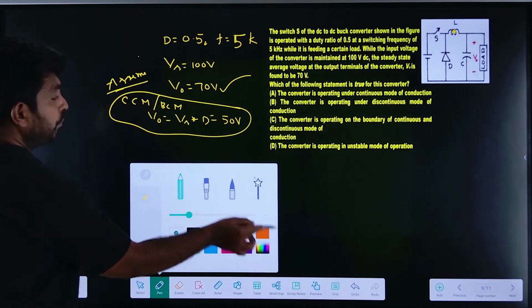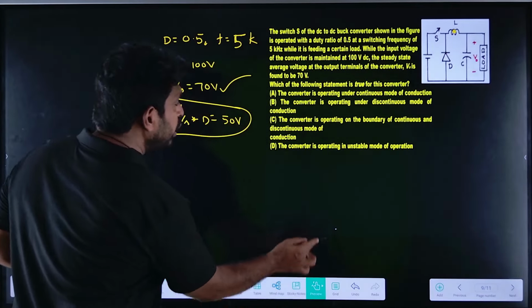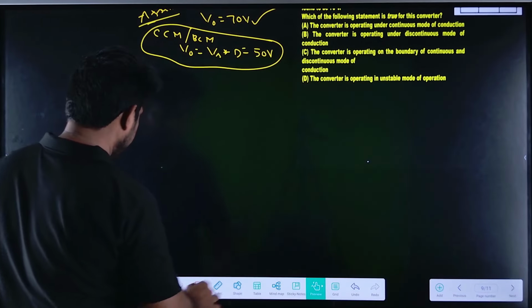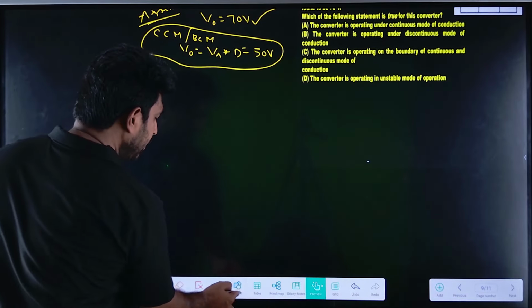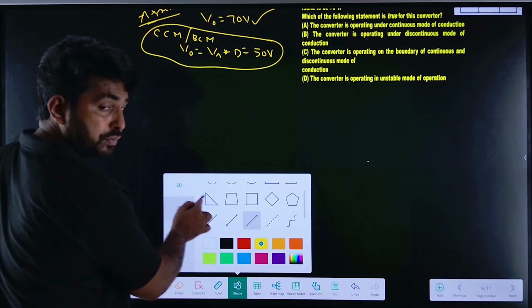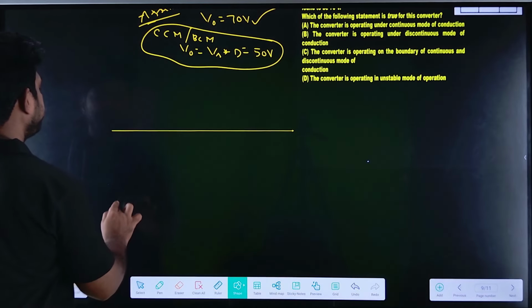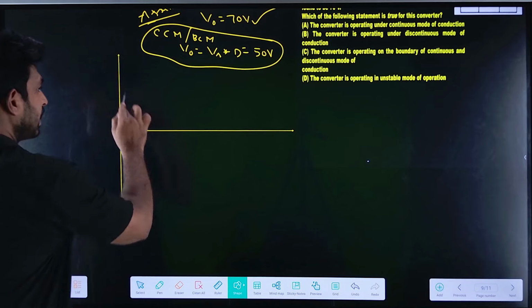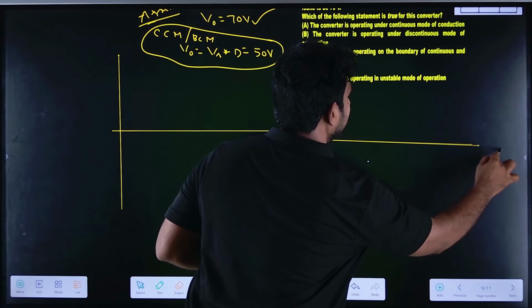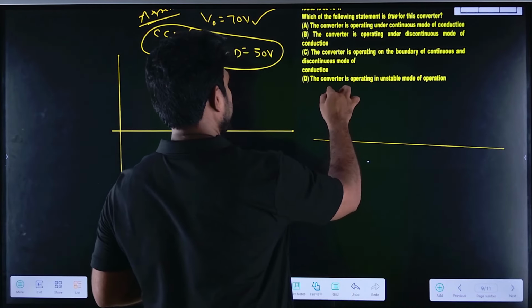Let me explain the concept so that you can answer easily. Let us take the two conditions, the continuous conduction mode and the discontinuous conduction mode.